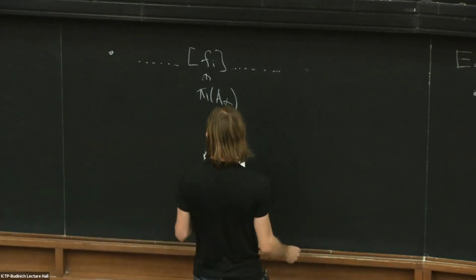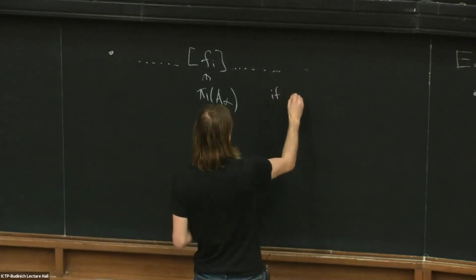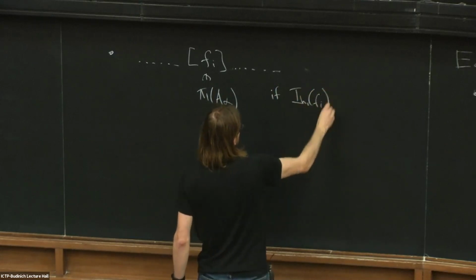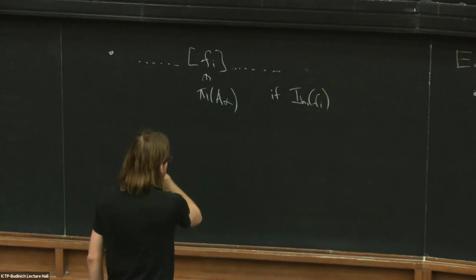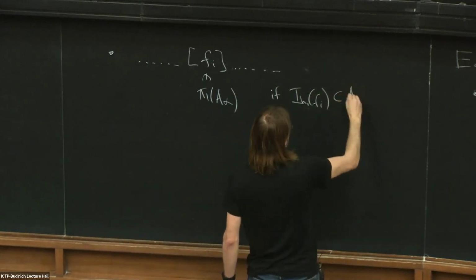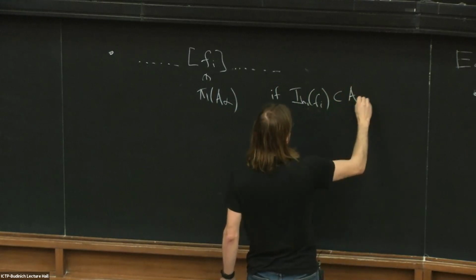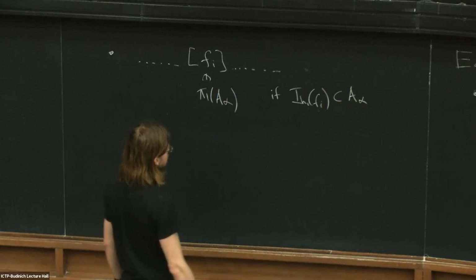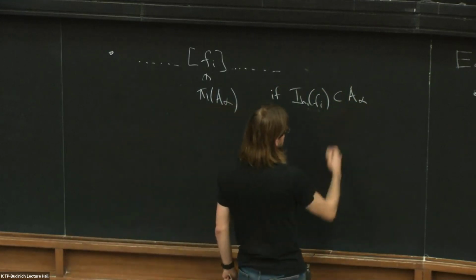So we already know that this is a loop in A alpha, so its image is contained in A alpha.